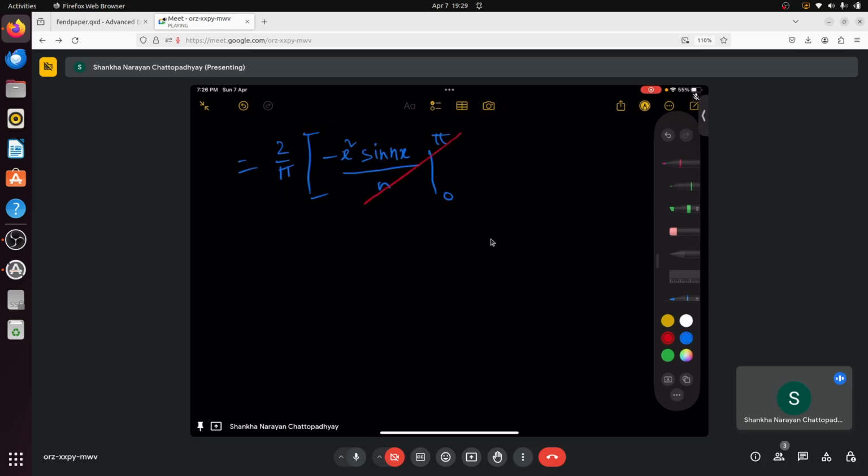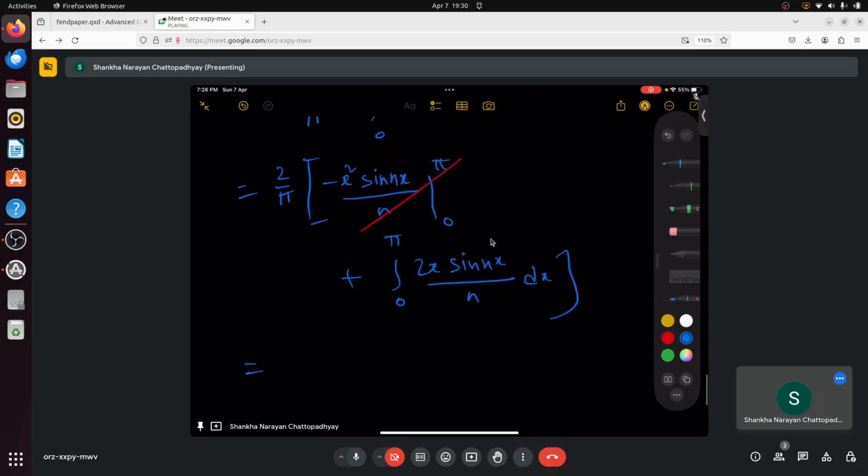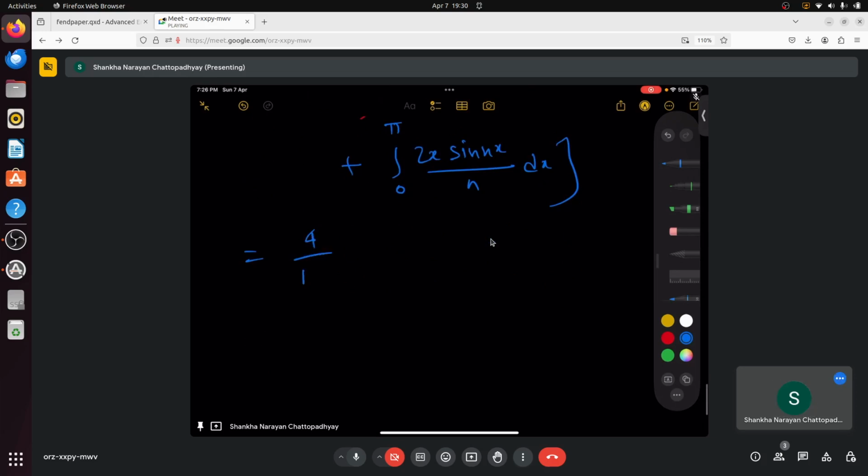So that will vanish. Next, minus integration 0 to pi of 2x sin nx by n dx, which gives 4 by pi n square integration 0 to pi x sin nx.